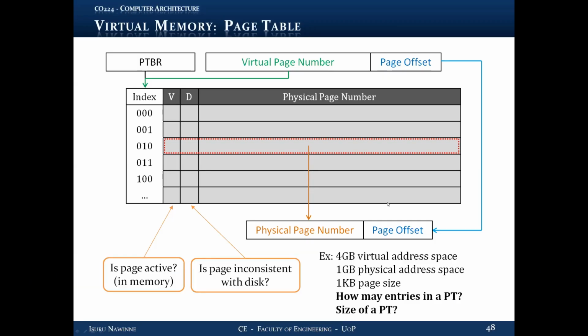Right, so in order to do that, you need to know how many bits are in the virtual page number. 2 to the power 32 is the size of the address space, right? The entire address space.